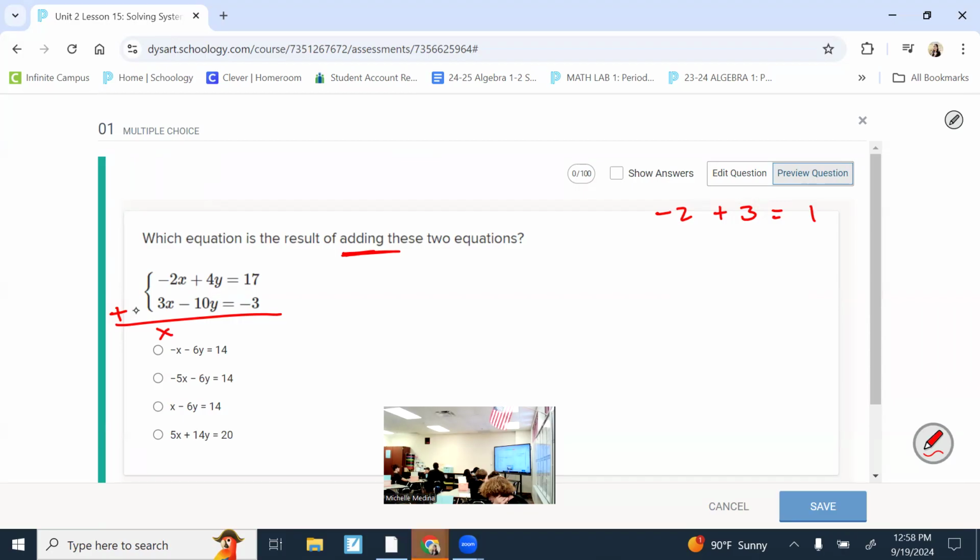What's 4y plus negative 10y? No, 4 plus negative 10y. Okay, good, negative 6y. And then 17 plus negative 3. 14. Okay, so then the one that matches that completely is this one.